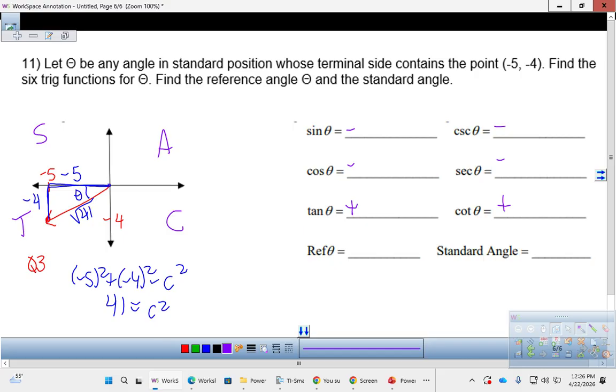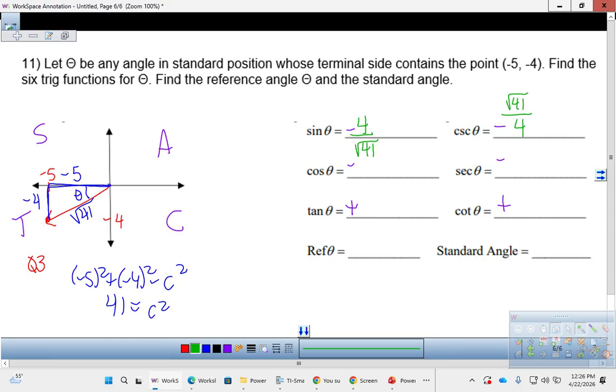All right, and now we would be filling in our ratios. So my ratio for sine would be opposite over hypotenuse, -4 over root 41. And then I could flip that here, root 41 over -4.